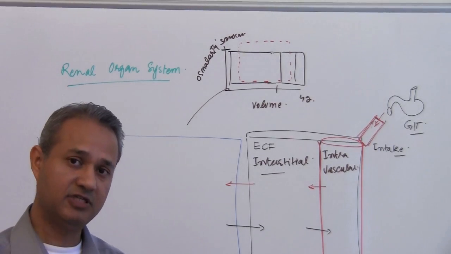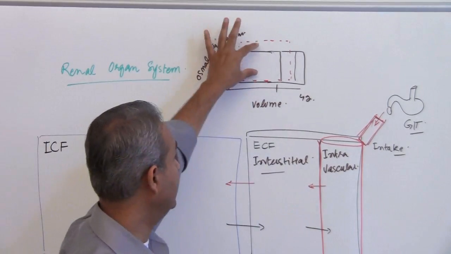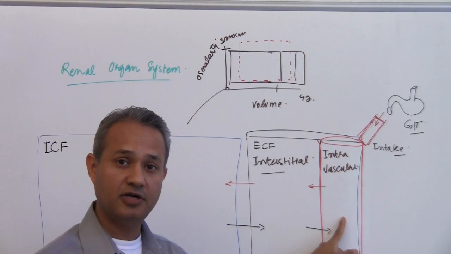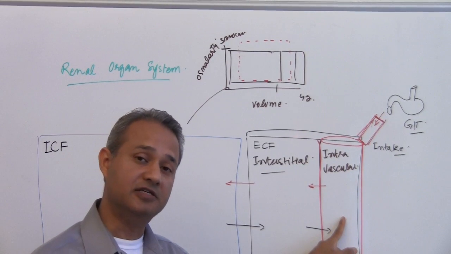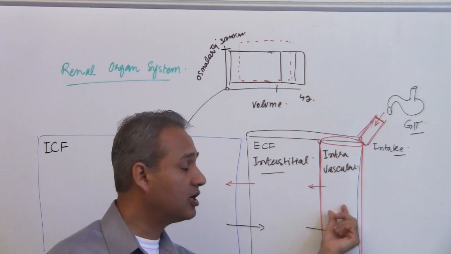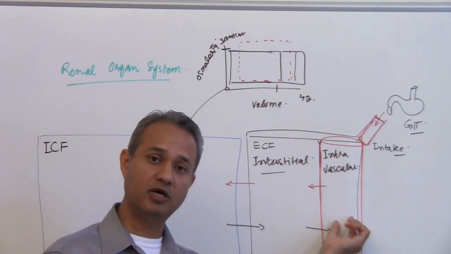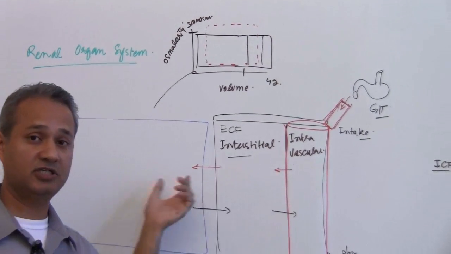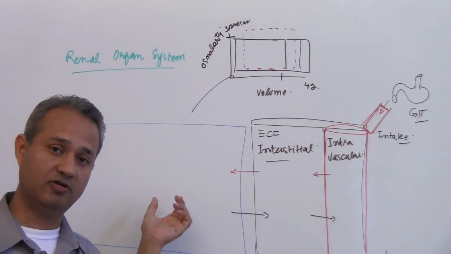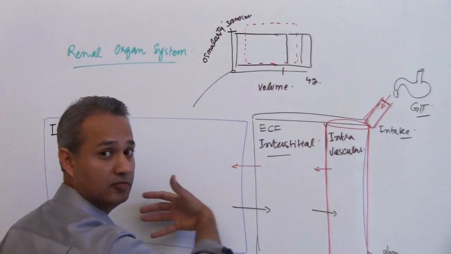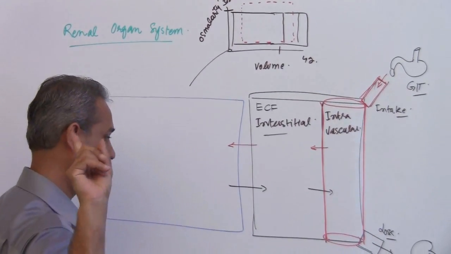Many times I've seen that students try to memorize it. But really, if you understand that the volume changes would start rippling in a normal case from the vascular system, and then ripple into the interstitial and then into the intracellular, if you remember this, start from here and then move to the other sides. So that is one major concept.